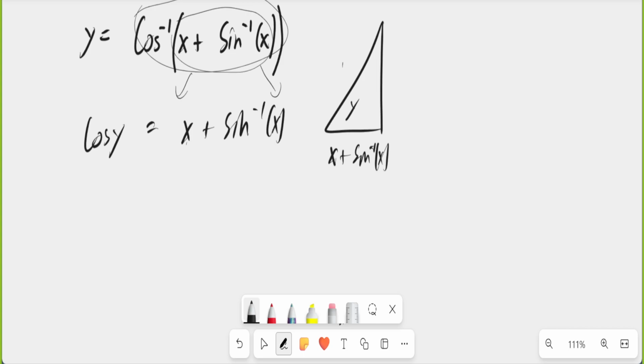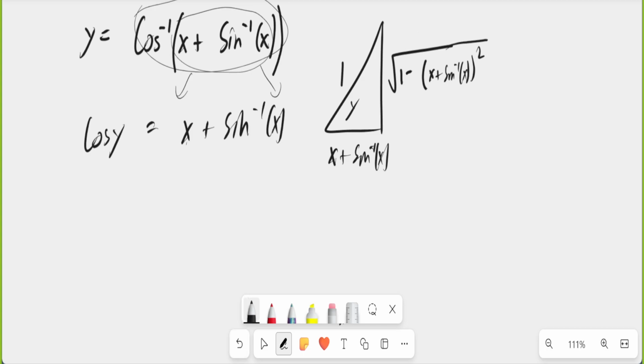See, it gets really messy, but I think it's okay. Square root of 1 minus x plus sine inverse x squared. I'm starting to see elements of the derivative here, but let's keep going.